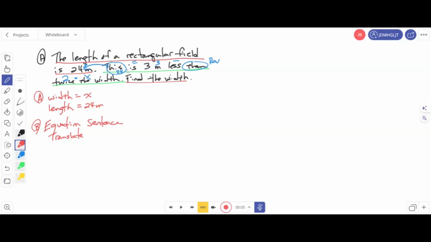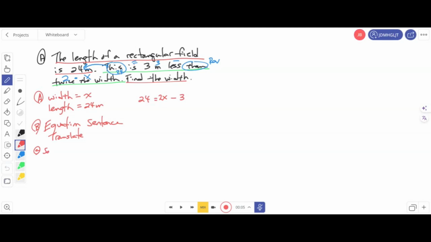So my equation is 24 equals, we're subtracting the 3, since we have a reverse word, the 3 has to go on the right of the minus sign, and 2x goes in front.